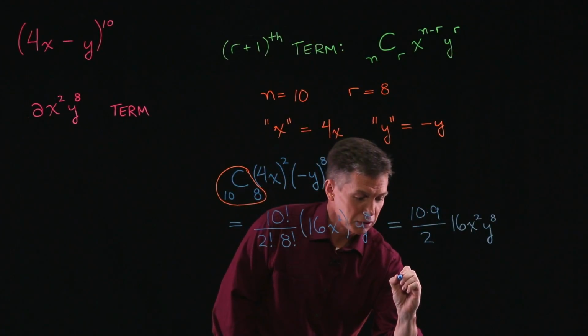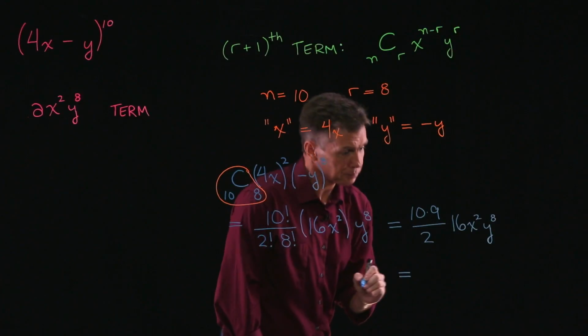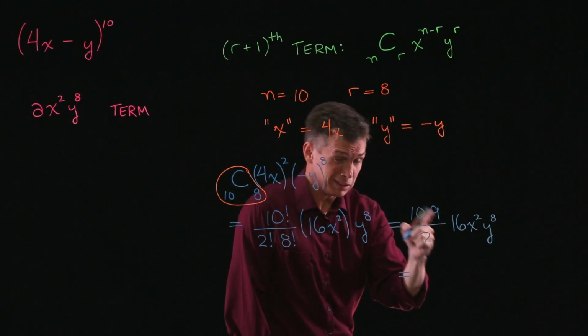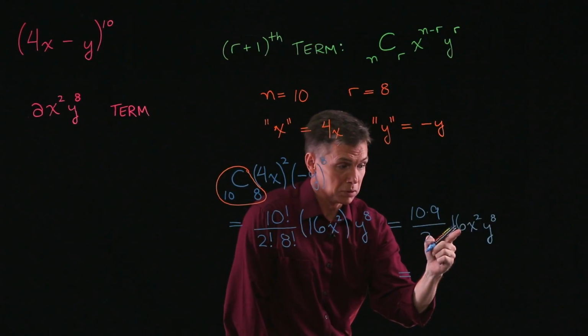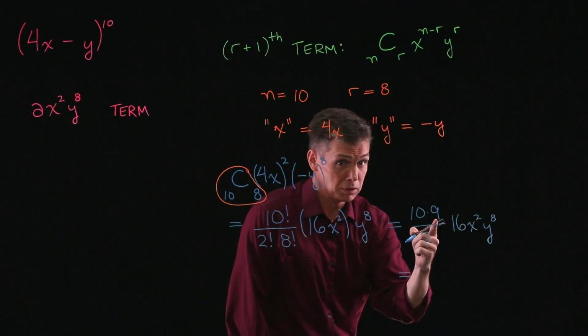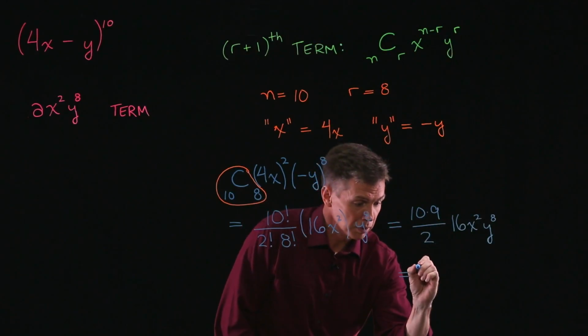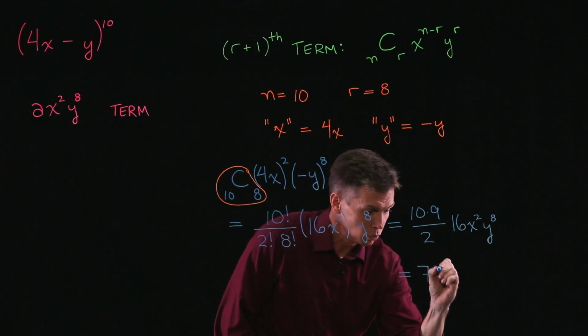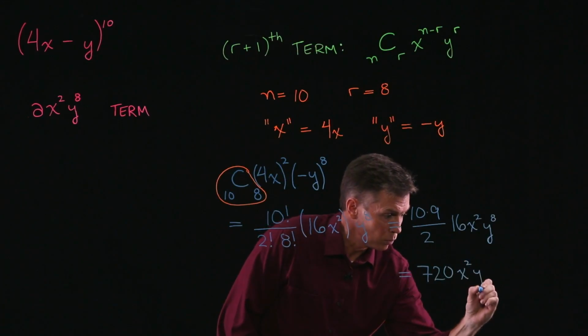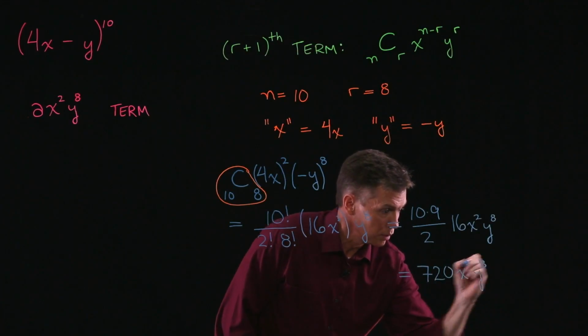If I could slide down, I only need one more line, I believe. The 2, of course, would cross out with, you know what, I'm going to go this way. 2 crossed out with the 16 will give me 8, because then I can do 8 times 9, which is 72. It'd be easy to multiply that by the 10. 720 x squared y to the 8th.